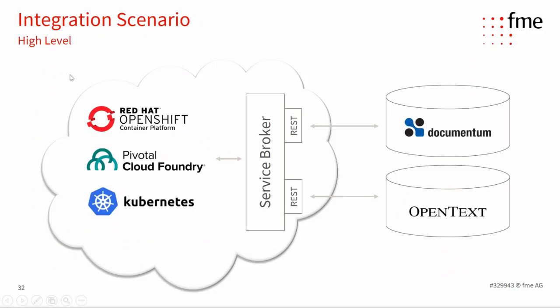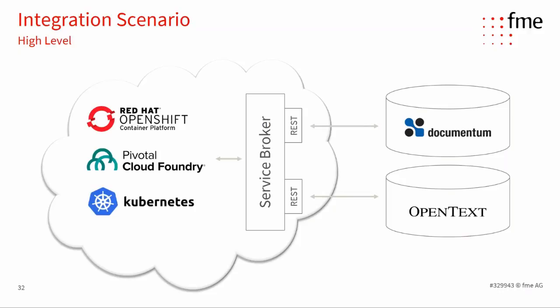So on a high level, how can such an integration scenario be? We see document storage systems, ECM systems like Documentum or OpenText, and we see a cloudy environment. It's not important if this is a public cloud environment or a private cloud environment.